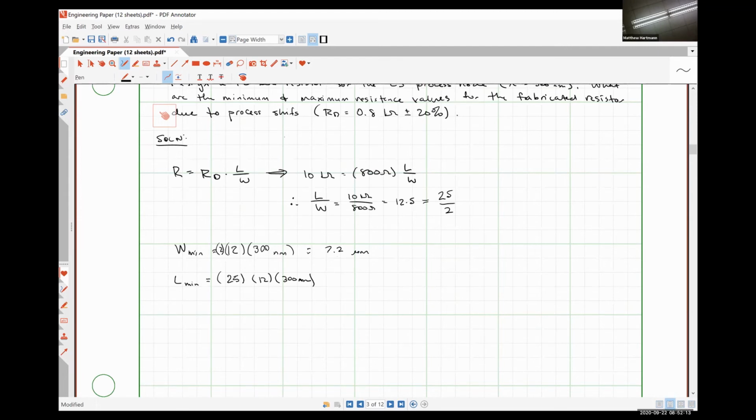And let me find my calculator because, well, let's see, 25 times 12 is 300. So 300 times 300 is 9 with 4 zeros nanometers, which would be 90 microns.